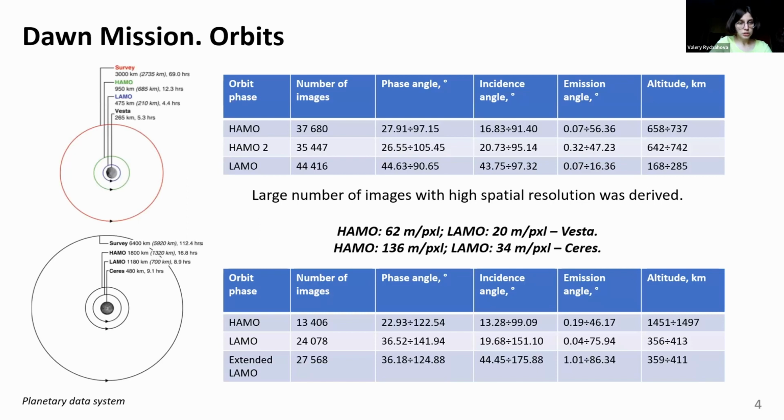During the Dawn mission, a huge amount of images was obtained, really tens of thousands of images. These images were obtained under different light scattering geometry, and due to this fact, we could use not only color ratio imagery, but also the phase ratio method that we will discuss in the next slides.